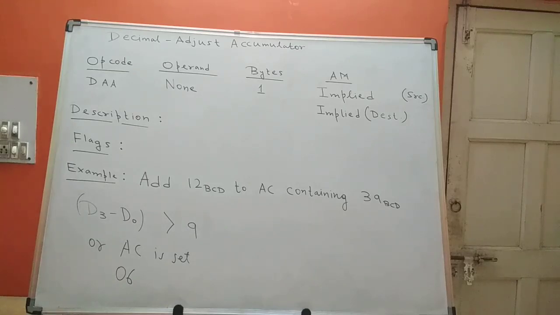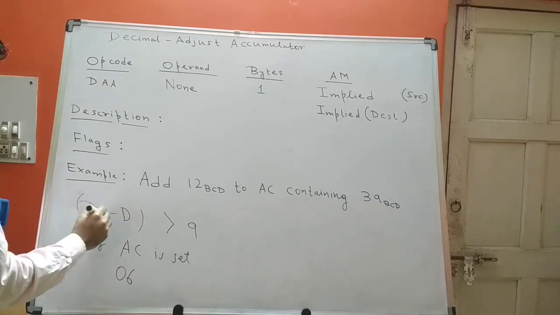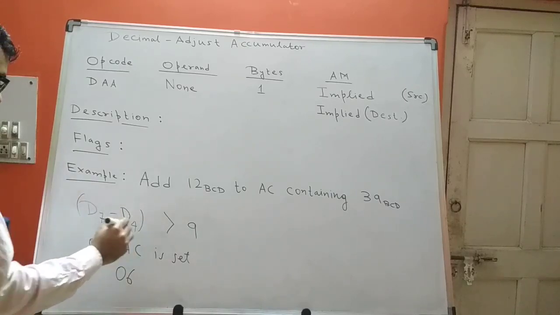Number 2: if the value of the high order 4 bits, what is the range of the high order 4 bits? D7 to D4.